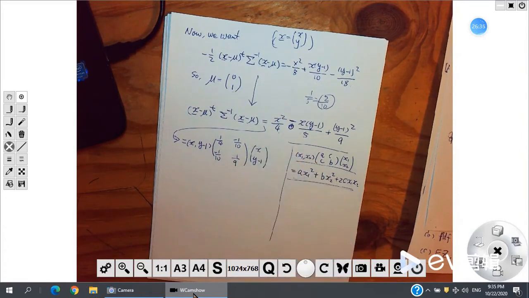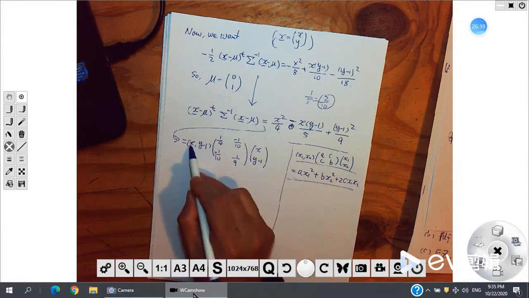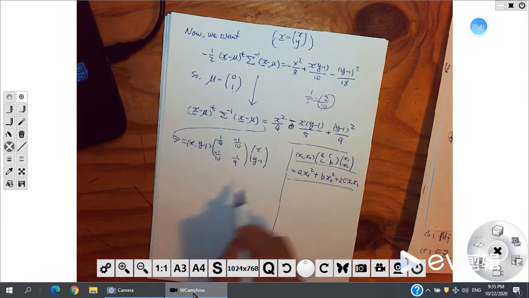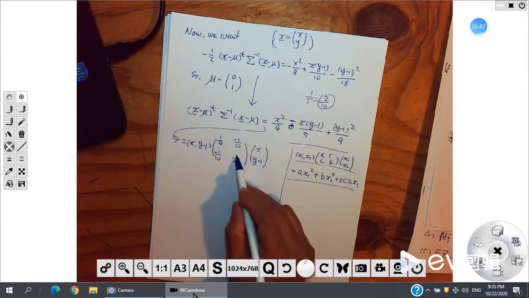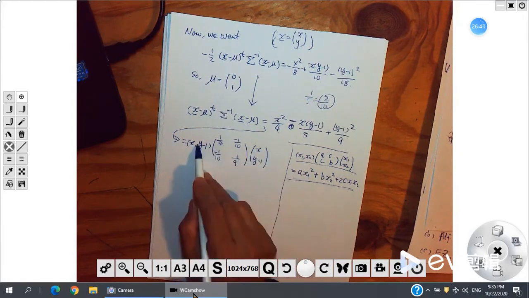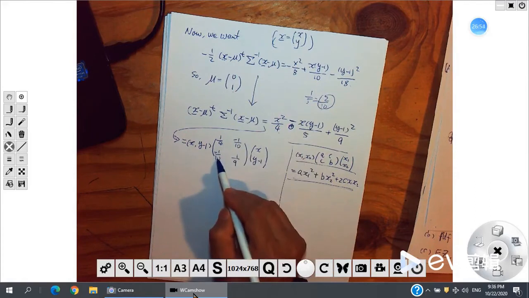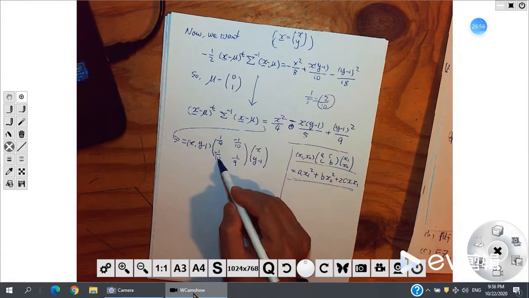Multiplying out, you have x squared times 1/4 and (y minus 1) squared times 1/9, and x times (y minus 1) times the first element and second element summed, so 1/10 plus 1/10 is 2/10, which is 1/5.